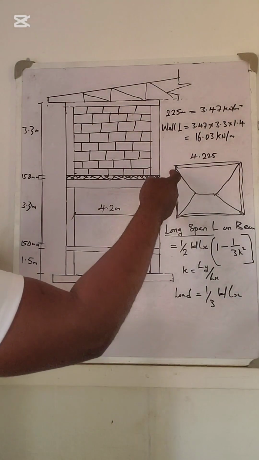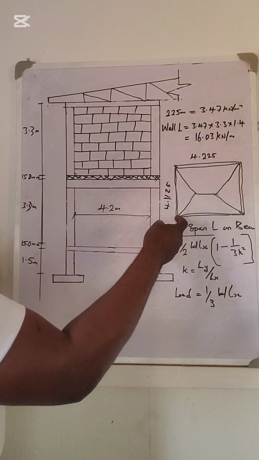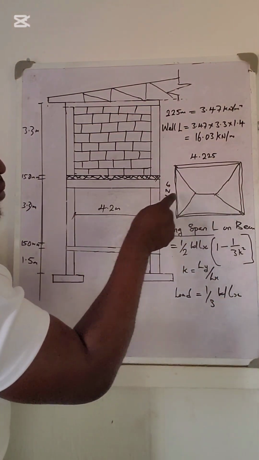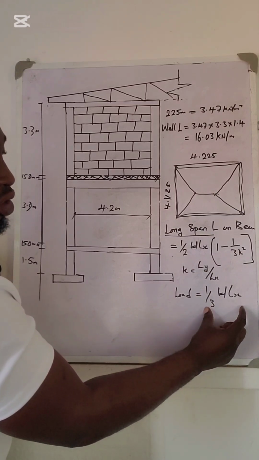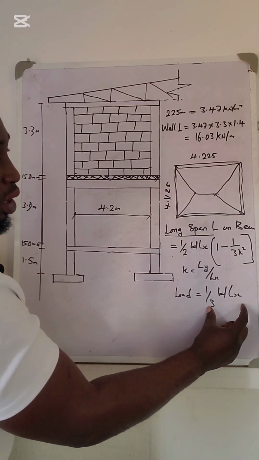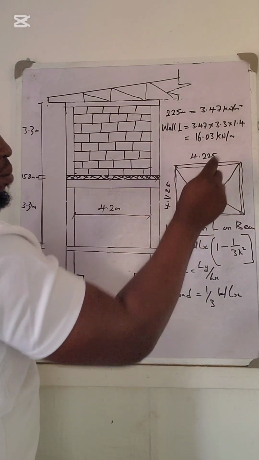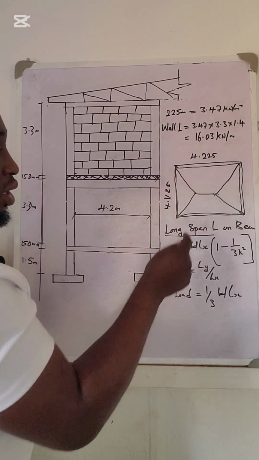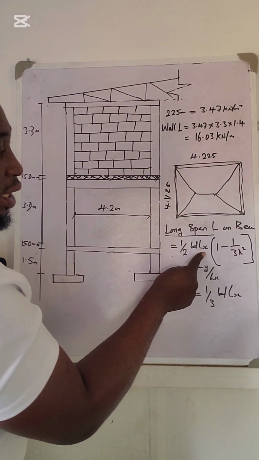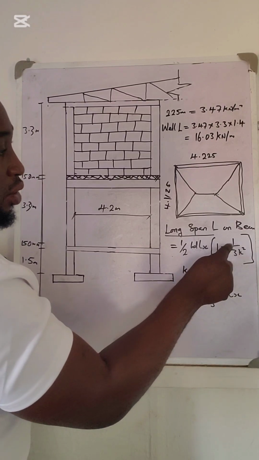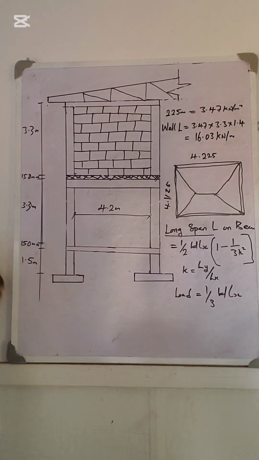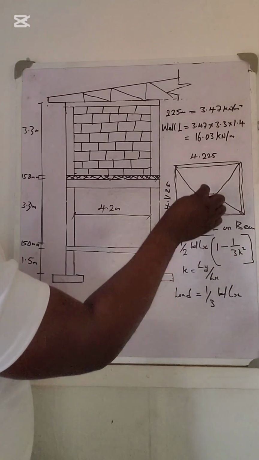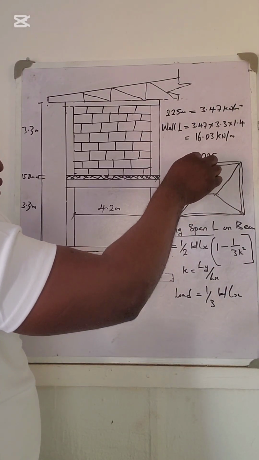Now, assuming this slab is here, the load that will be transferred from the slab to the beam is using this formula. From the longer span, the load that will be transferred from the slab to the beam is 1 over 2 WLX, 1 minus 1 over 3K squared. This is how to get the load from the slab to the beam.